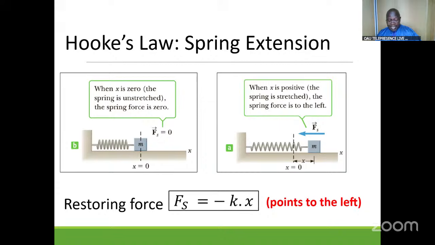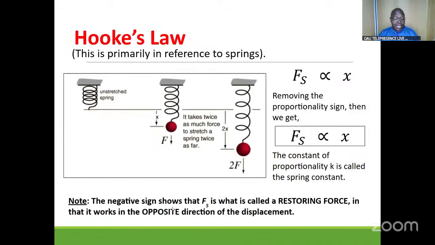Why the negative sign appears is what I put in the bottom panel here. The negative sign is indicative of what happens by extending the spring: it produces a force called the restoring force. The manifestation of this force is such that it works in the opposite direction of the displacement.